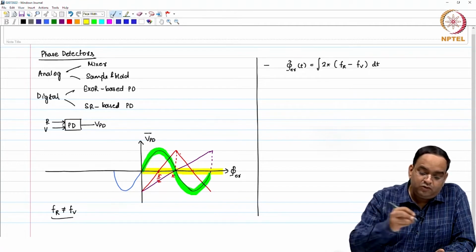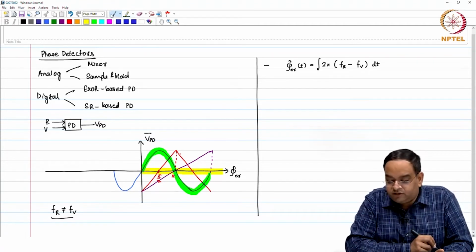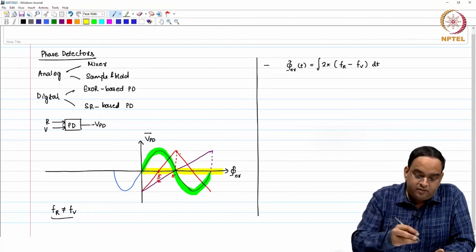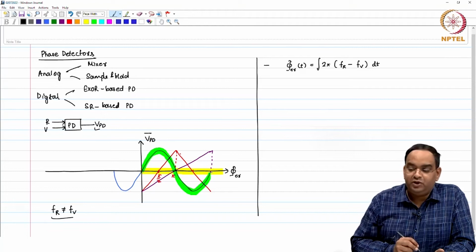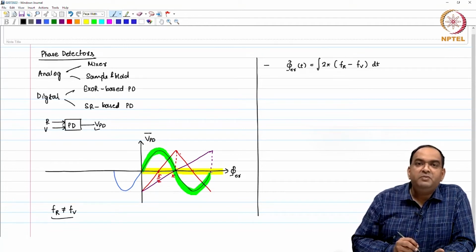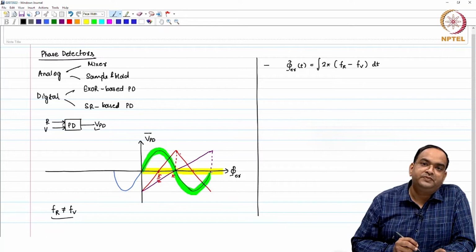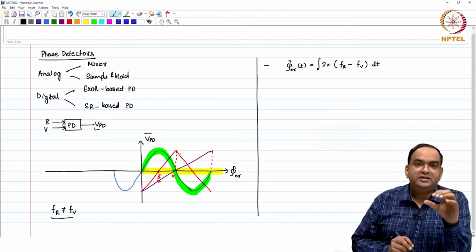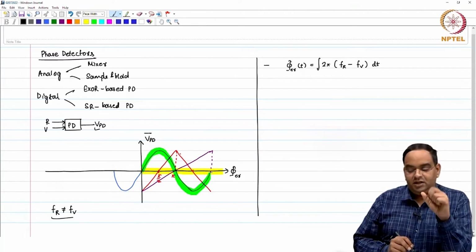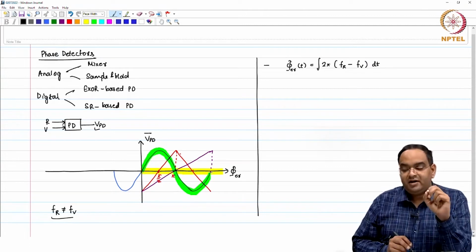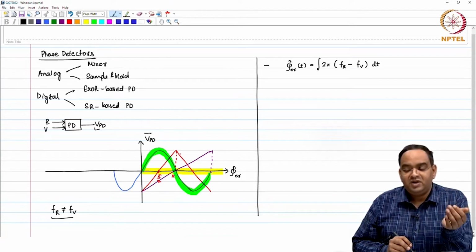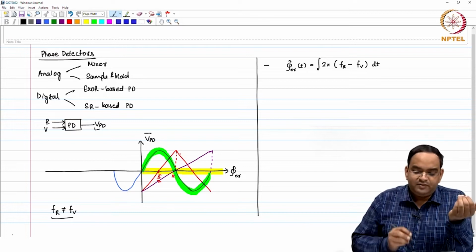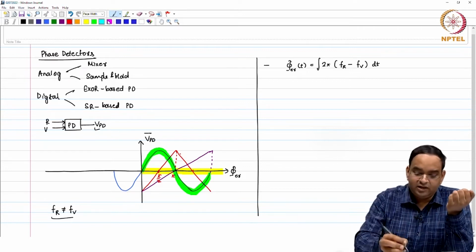Now, what is so important about the sinusoidal waveform? If you look at VPD which is varying in the manner I have shown, then the average value of VPD is equal to 0. So, for a stand-alone phase detector, if you have a frequency error at the input, the average value of the phase detector output over a given period of time is going to be 0, which makes sense also by just looking at the plot.